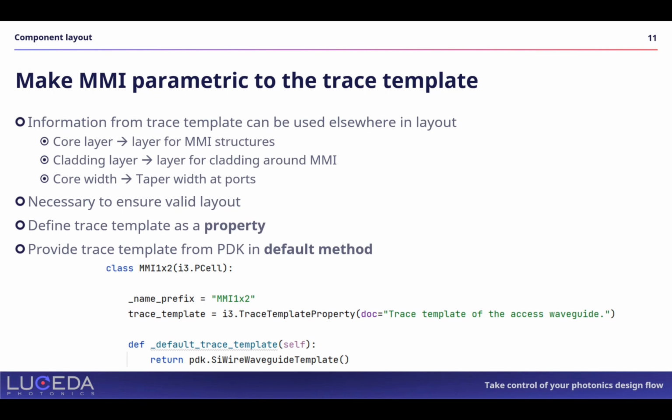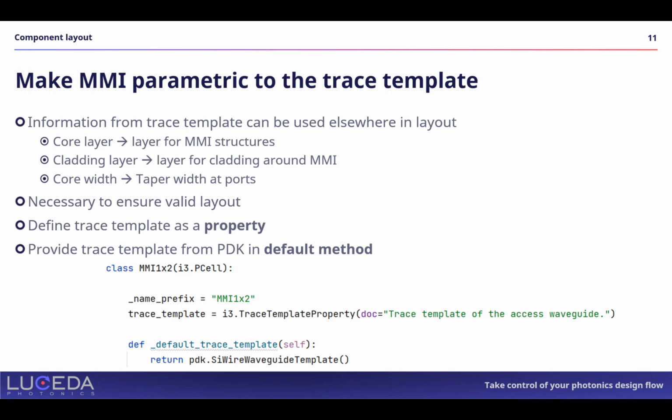Extending this further, we can make the MMI parametric to the trace template. We can use the waveguide core layer to define the layers for the MMI structures. This ensures the waveguide and MMI structures are in the same layer without hard coding it, as well as generating a valid layout. Now we need to get the trace template from somewhere, and so we define it in our P-cell at the level of properties.